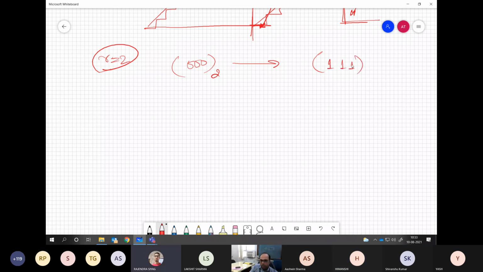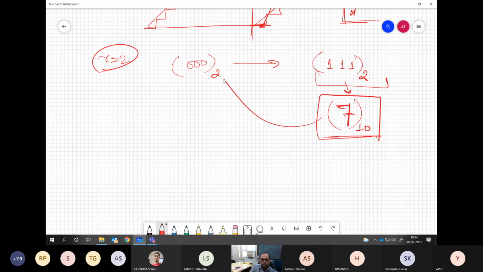And what is this number in our natural number system? 7. This is the maximum you can represent using these 3 bits.